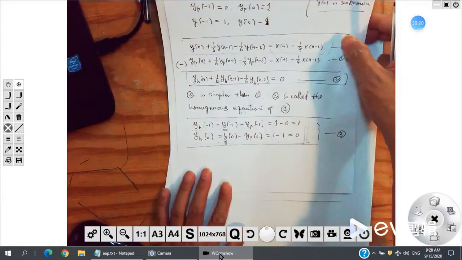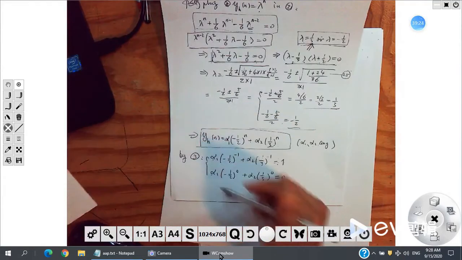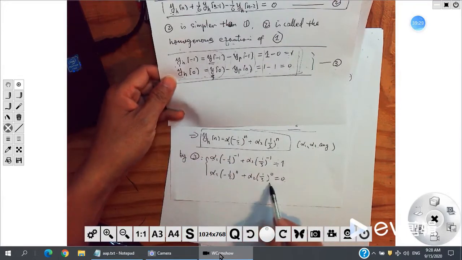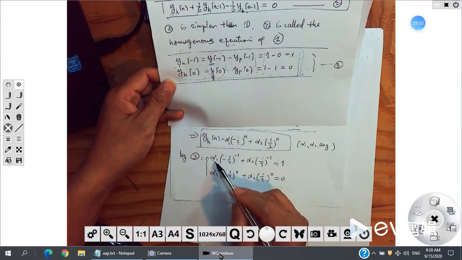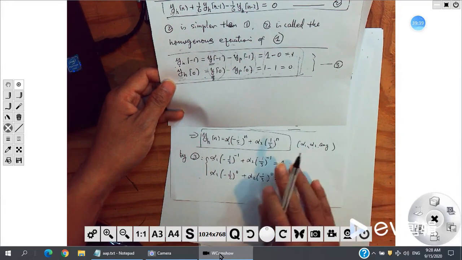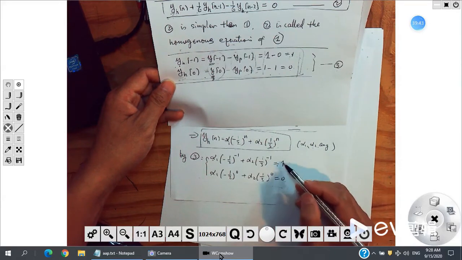Okay, so by this, the initial condition of Y_H, this is 3, right? By this, now we have another equation. This equation is related with these two constants. If you do not have the initial condition, these two constants could be any number. Now we have an initial condition.